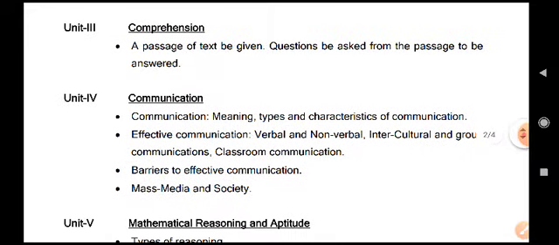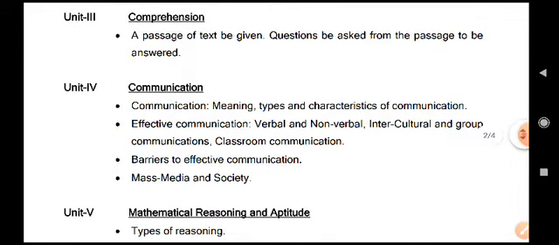In unit 3, comprehension, a passage is generally given and 5 questions related to the passage will be given to the candidate to be answered. In unit 4, communication, the most important part is barriers to effective communication. It means in what way the communication between the teacher and the student or between the hierarchy of the organization is affected by different barriers.